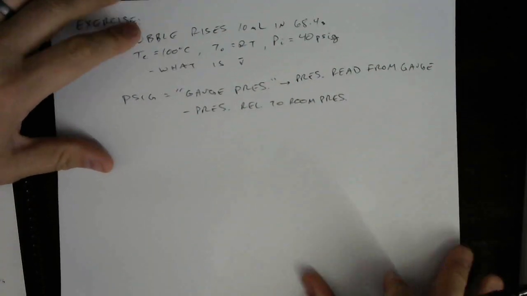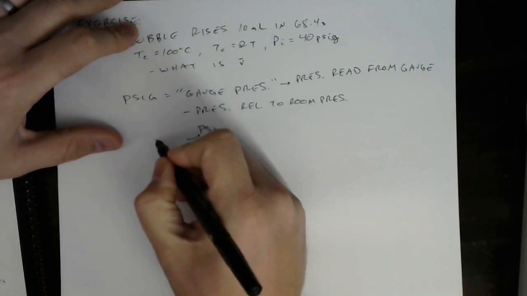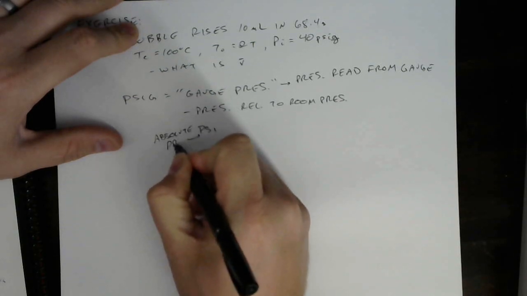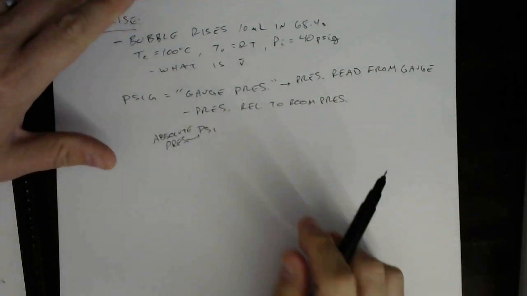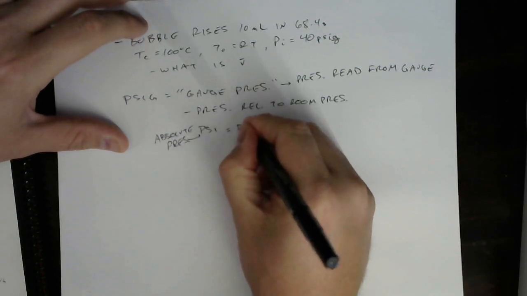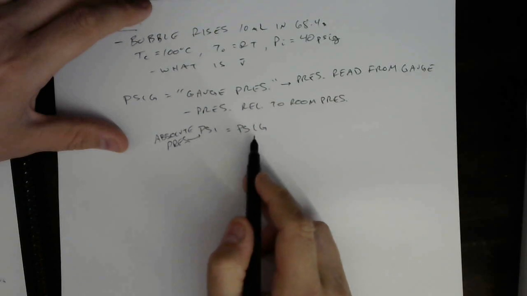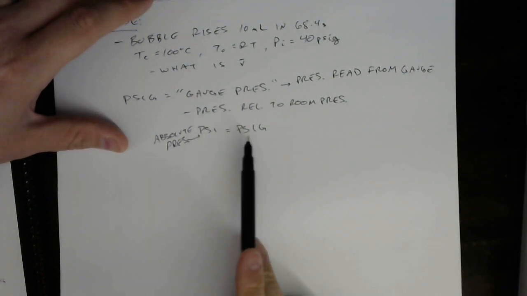And so if we want a value that is in psi, that is absolute pressure, or in other words, pressure relative to a vacuum, we have to take into account the pressure of the room, right? So psi, an absolute pressure measurement, is equal to the gauge pressure, which is often reported as psi. You know, this is one of the big mistakes that a lot of people make, is to report psi instead of psig.